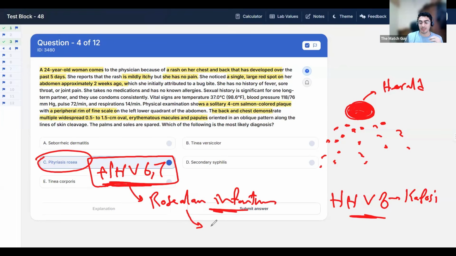Whenever he tells you that this neonate developed fever, then this fever subsided, and now he's presenting with rash. Okay, exactly. So rash after a fever, rash after a fever. This is roseola infantum, and he might ask you about the organism. It's HHV 6 and 7. Amazing.